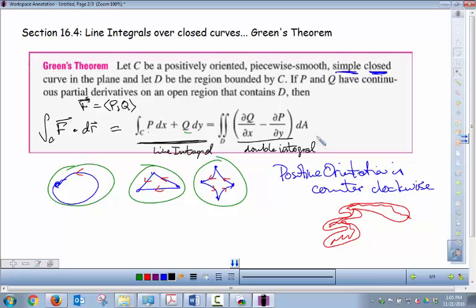So what's the relation between them? The relation between them is that D is the region bounded by that closed curve.